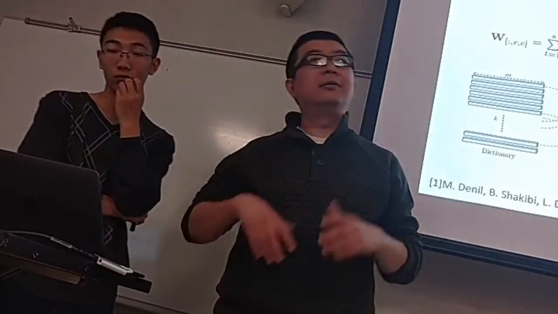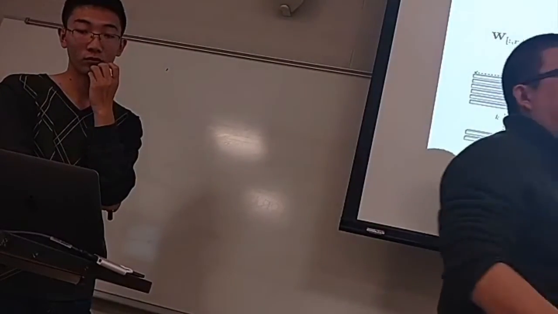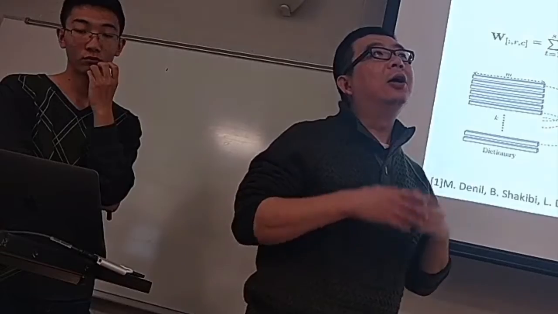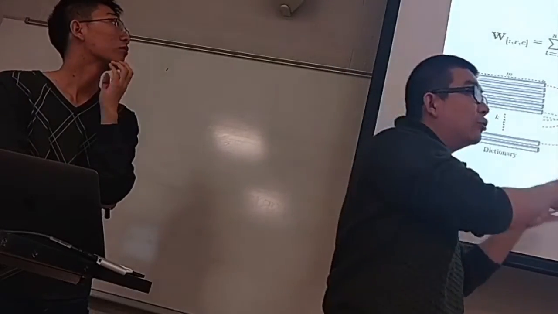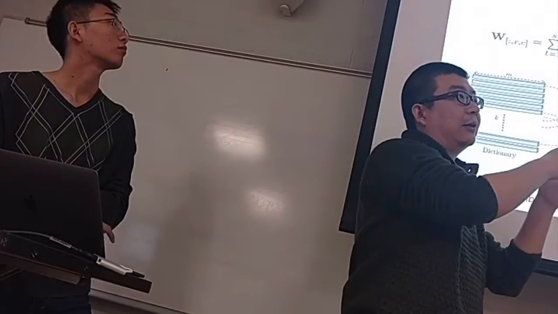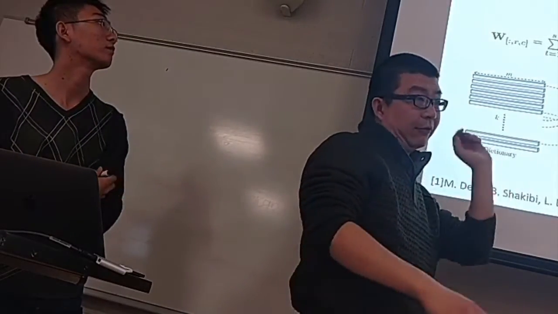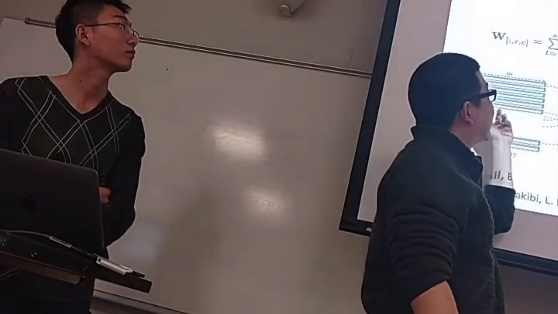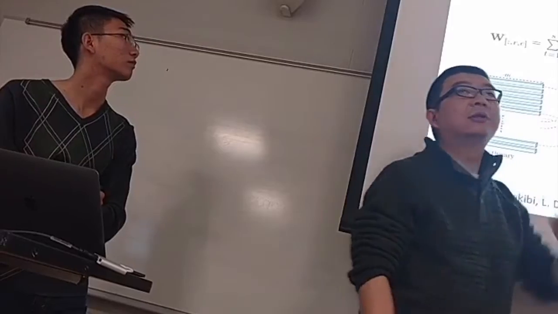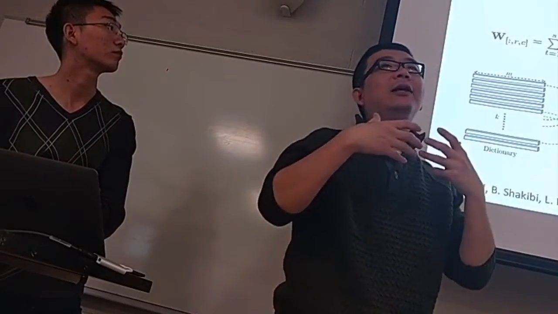Then some smart AI guy proposed another CNN architecture, a so-called lookup table-based method. They reduce the amount of weights into a small dictionary. First, you do the convolution between this dictionary and your inputs, and then you get a semi-dictionary.